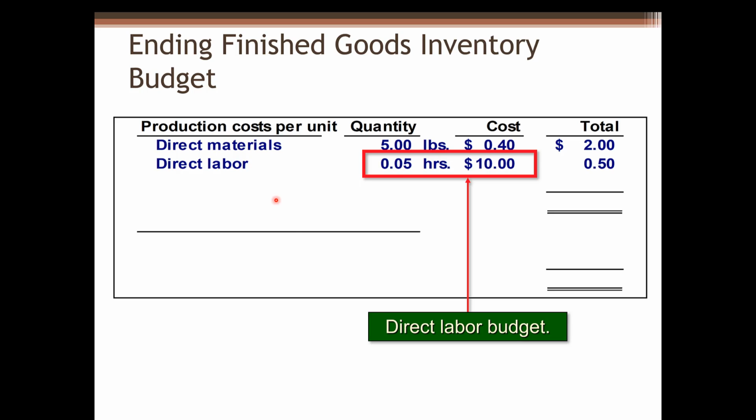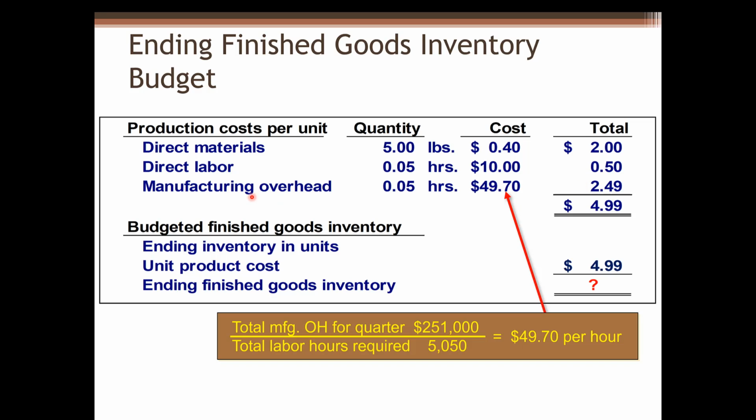For direct labor, from the direct labor budget, we know each unit requires 0.05 hours, 3 minutes. Wage rate, $10. So we use 0.05 hours multiplied by $10, and we can get 50 cents. This is direct labor cost per unit. For manufacturing overhead, the allocation base is direct labor hours. So the quantity here, we use 0.05 hours.